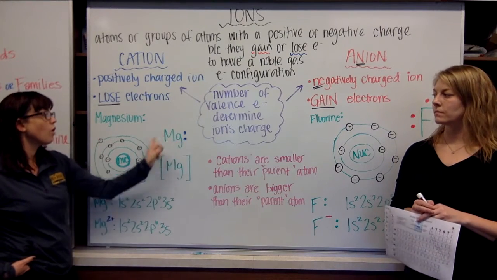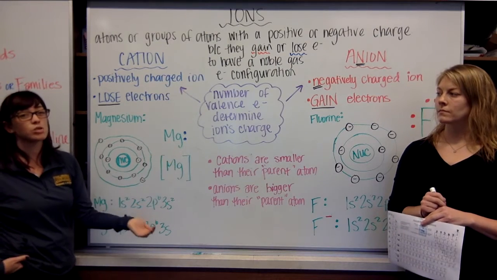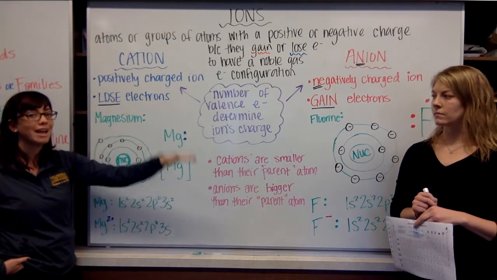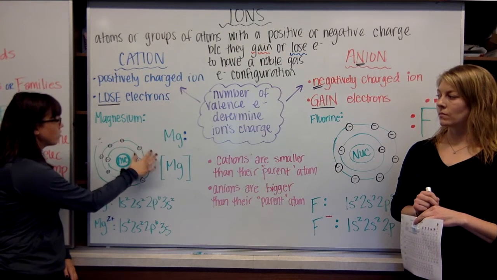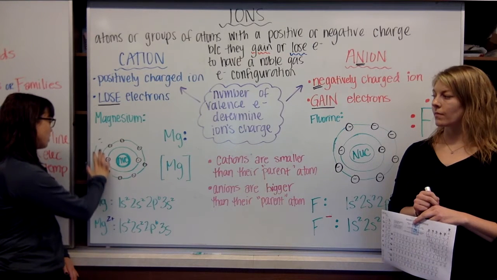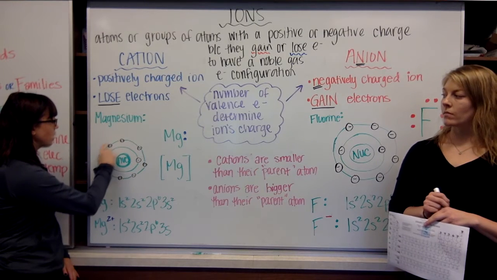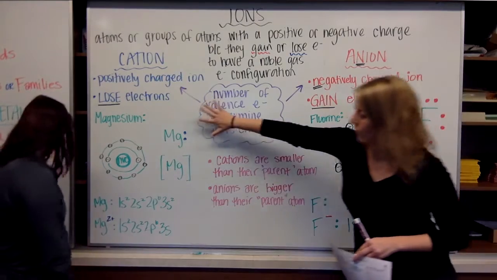If it wants a full valence shell, or wants to complete its Lewis dot structure, the easiest way to do that is to just give these 2 electrons away. So we get rid of these outer 2 electrons, and that whole last energy level disappears. Then you can see that we have 8 right here, and so magnesium is happy. It will have a 2+ charge.